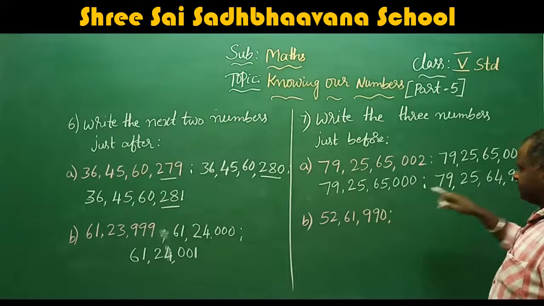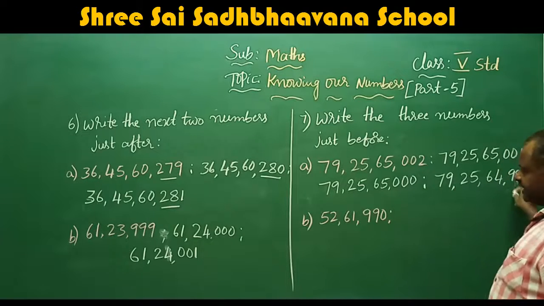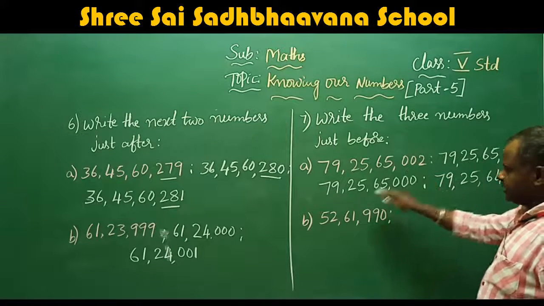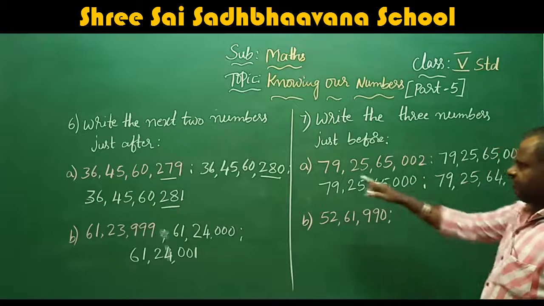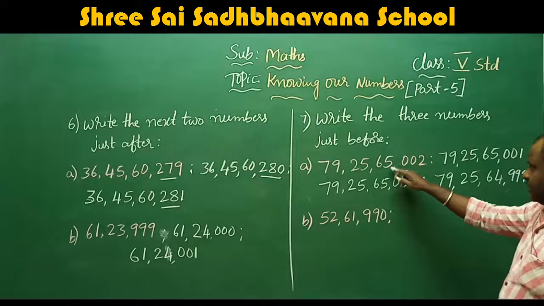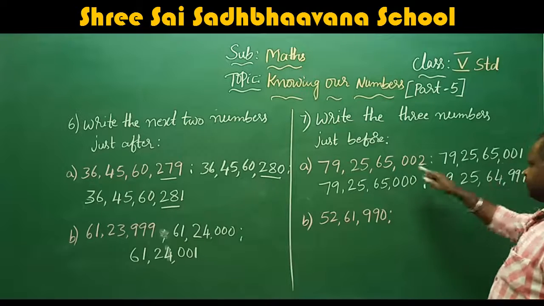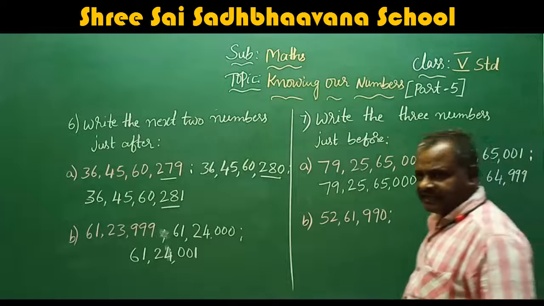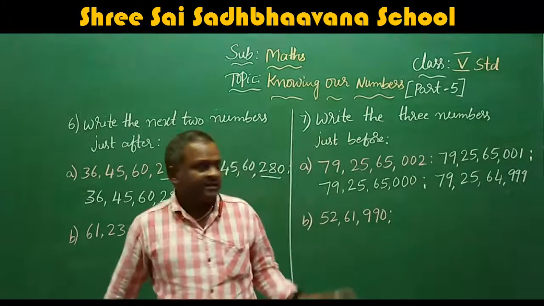Because when you add 1 you will get 4,999, 5,000, 5,001, 5,002. Everything else remains the same. Then 5,002, 5,001, 5,000, 4,999. That means we are subtracting 1.